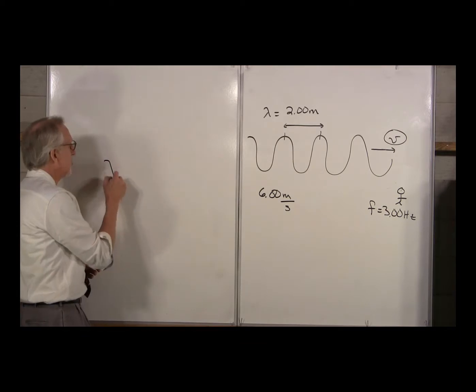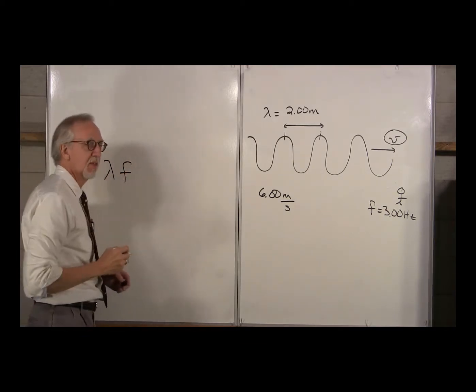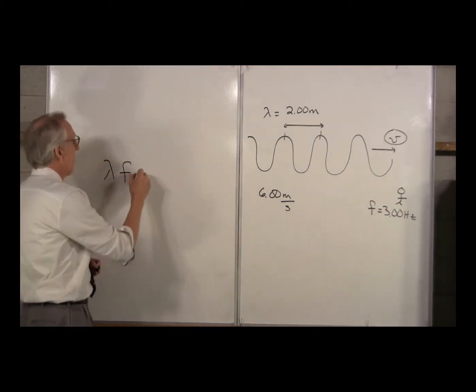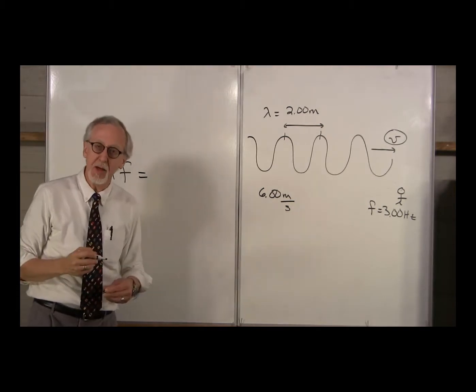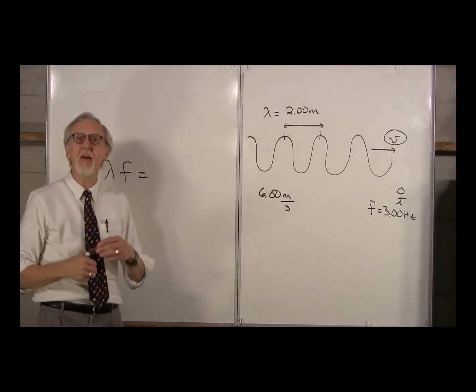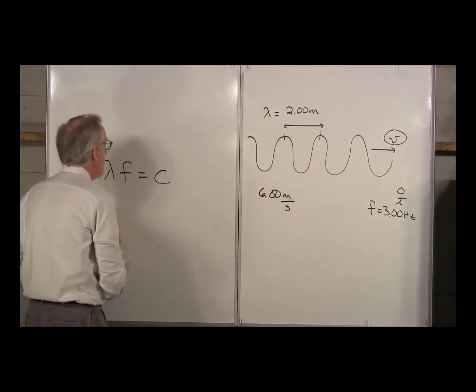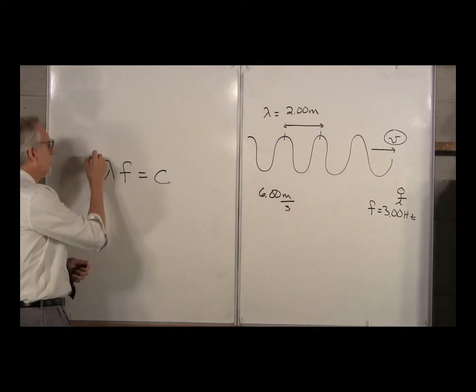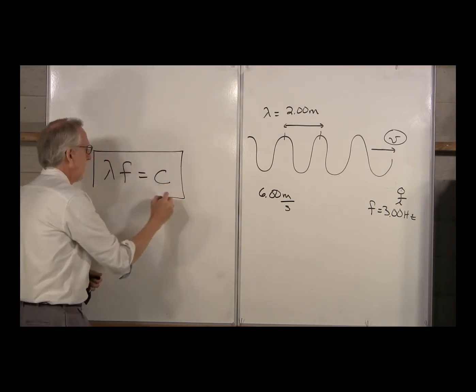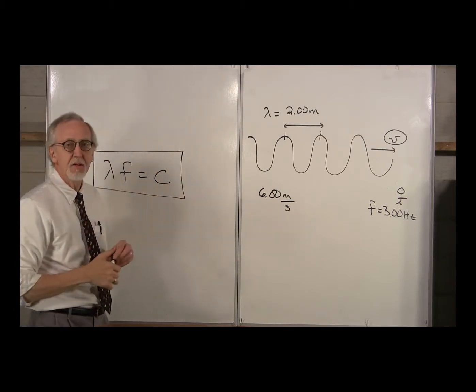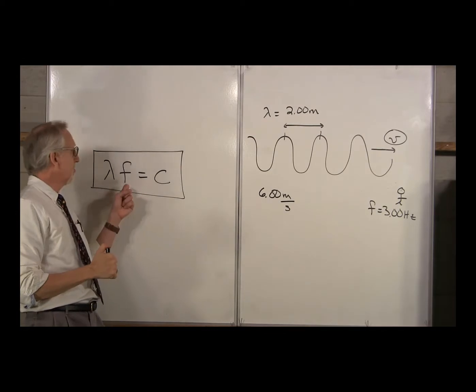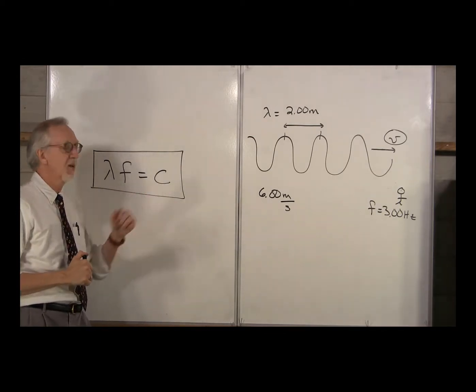And that is, if we take the wavelength times the frequency, that equals the speed of the wave. What's the speed of the wave if we're talking about light? It's c. So we have a very, very simple relationship between the wavelength of a light wave, the frequency of a light wave, and the speed.